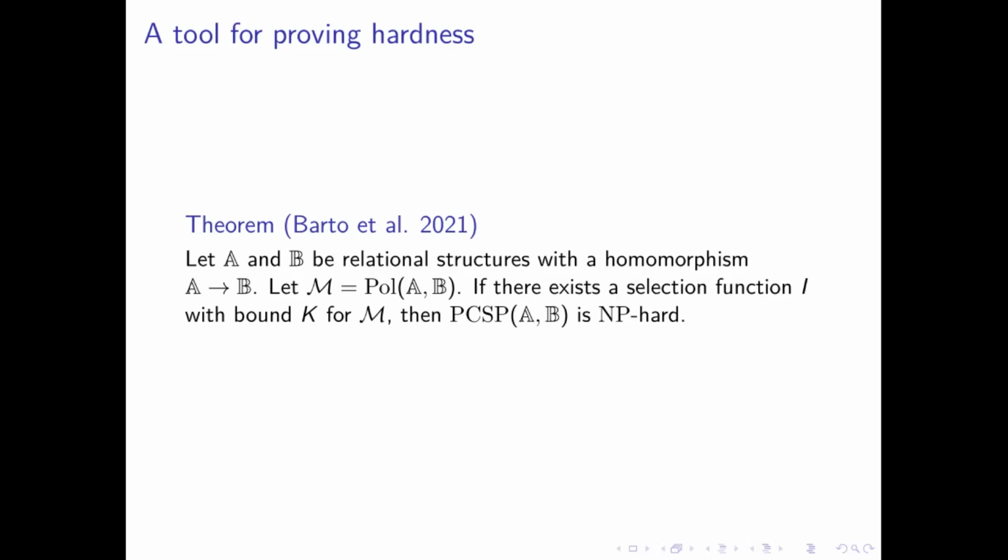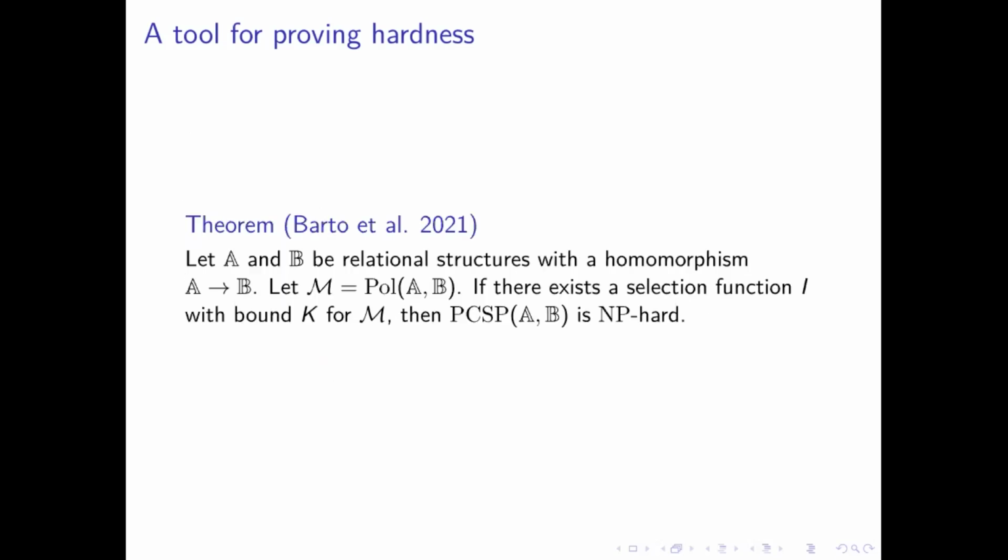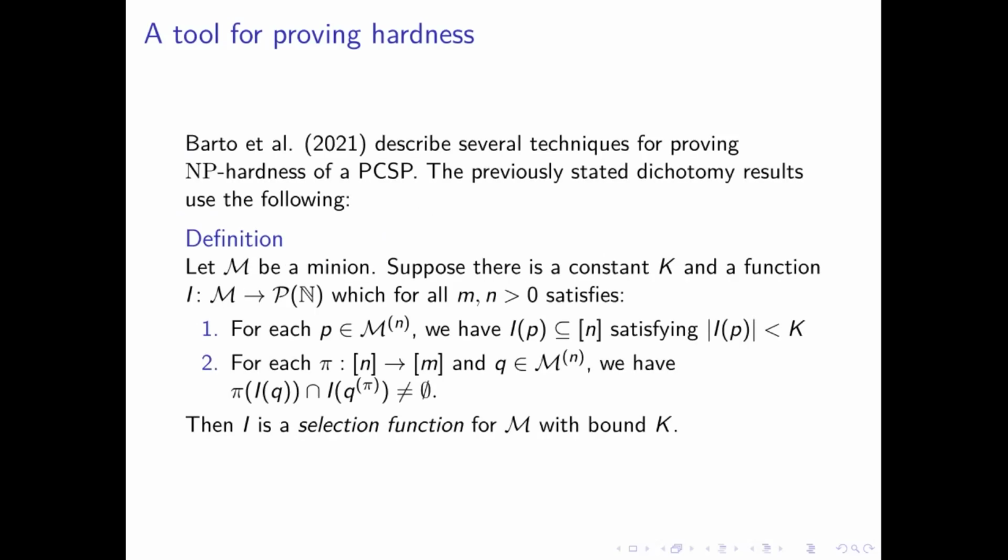If I go back to the previous slide, maybe the easiest example is: let A equal B, and suppose Pol AB is just the set of projections. Then your selection function would just select whatever.